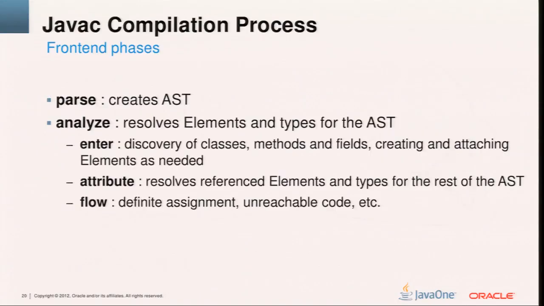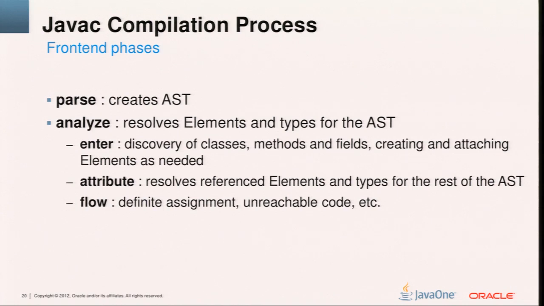So far we have seen how to work with the ASTs on a few simple examples, and now let me talk about how to actually get this AST attributed, and also how javac itself processes the source file.